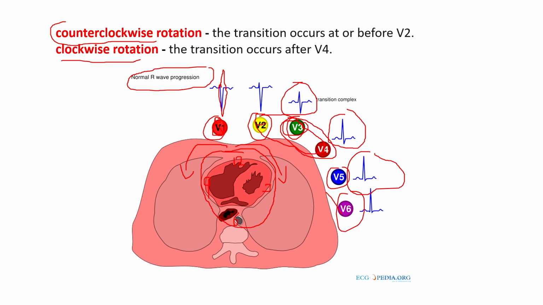So electricity is not going there anymore because there's no muscle to attract the electricity towards itself. That's why it takes more time for the R wave to progress, and that's why it happens in V5 and V6. This is just an example, and there are more examples to look after. This is just a concept I wanted to explain.